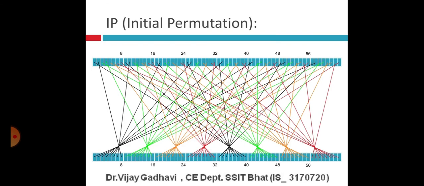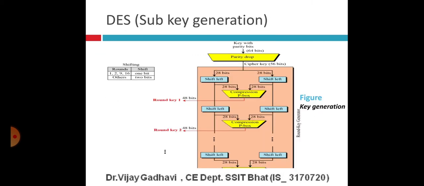Initial permutation figure. Here you can see the permutation process, the basic graph. You can also get an idea of how it works and how lengthy this permutation matrix is. DES subkey generation process: here we see the key with parity bits, 64 bits, the parity drop, then the cipher key of 56 bits, split into 28 bits, shift left, then the compression P-box, and we get the process.